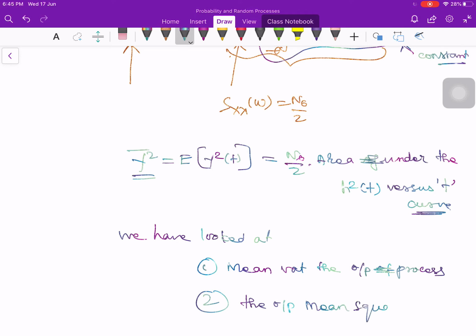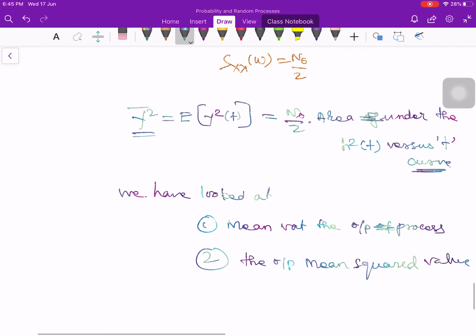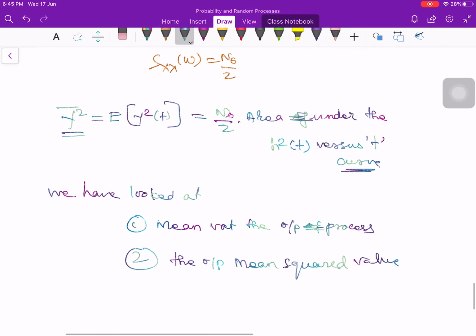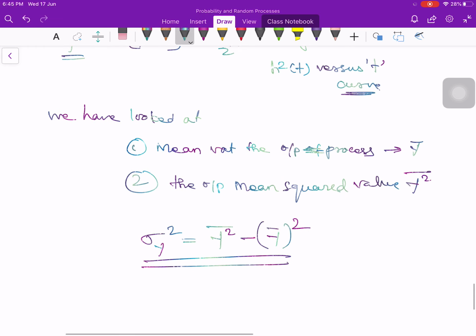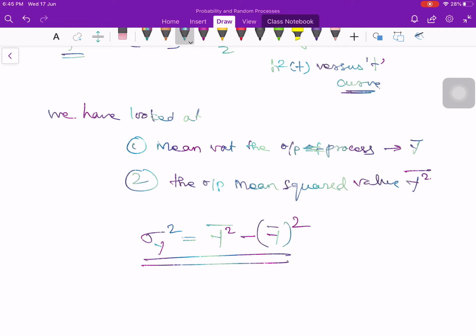So this one we denoted by y bar and this we denoted as y squared bar. If you know the mean value and the mean squared value, you can of course find its variance, sigma y squared equal to y squared bar minus y bar whole squared. So this is the relation between the variance, the mean squared value and the mean of the output process.